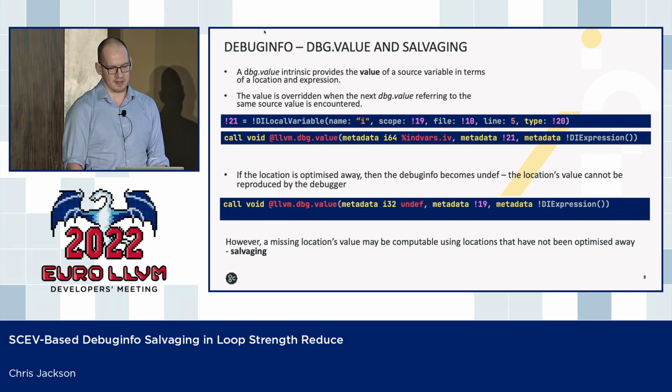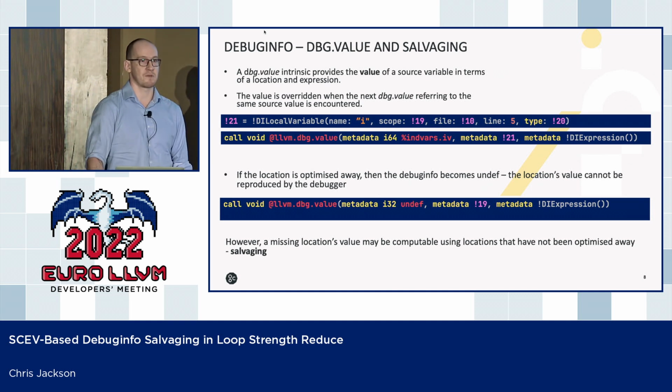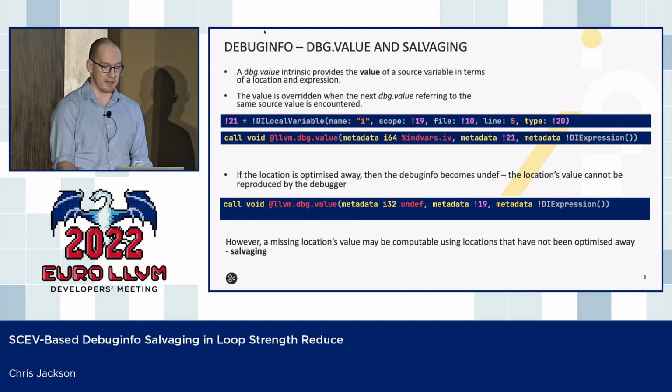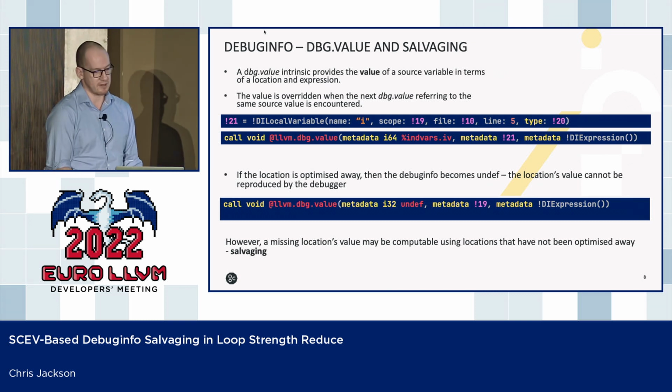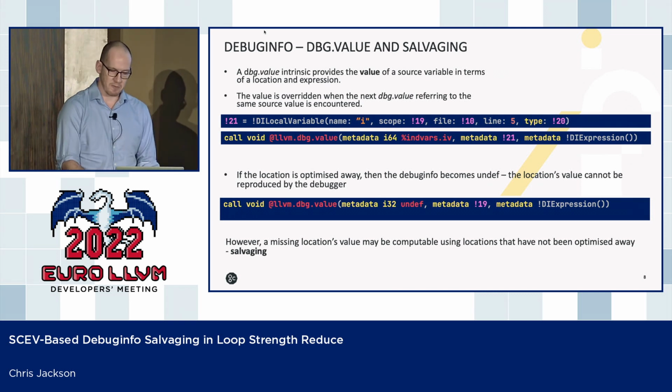The important thing about this intrinsic is that if any of the referred to locations in the first argument have become undef, then the debug.value no longer reproduces the source variable value or the value of the location. And so what that means is when debugging, you can't reproduce that source variable value. It's not available. It's missing.